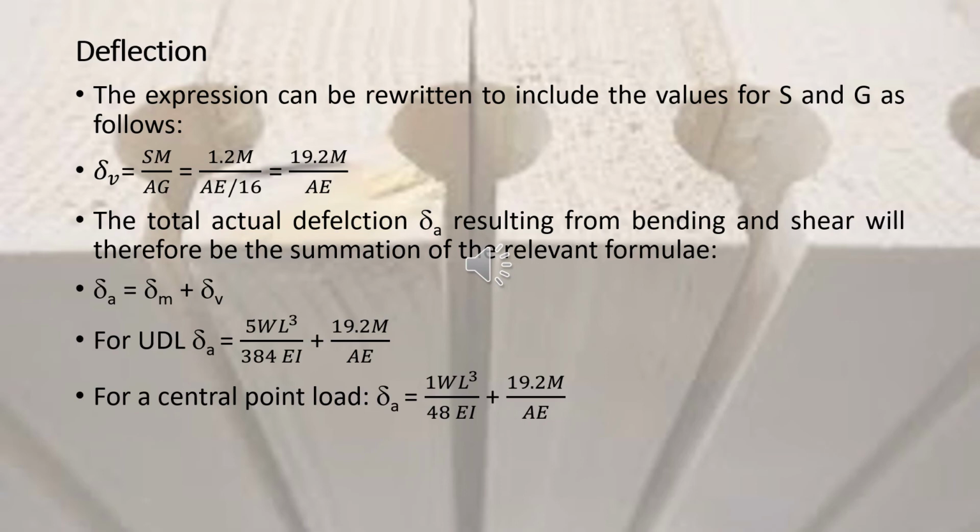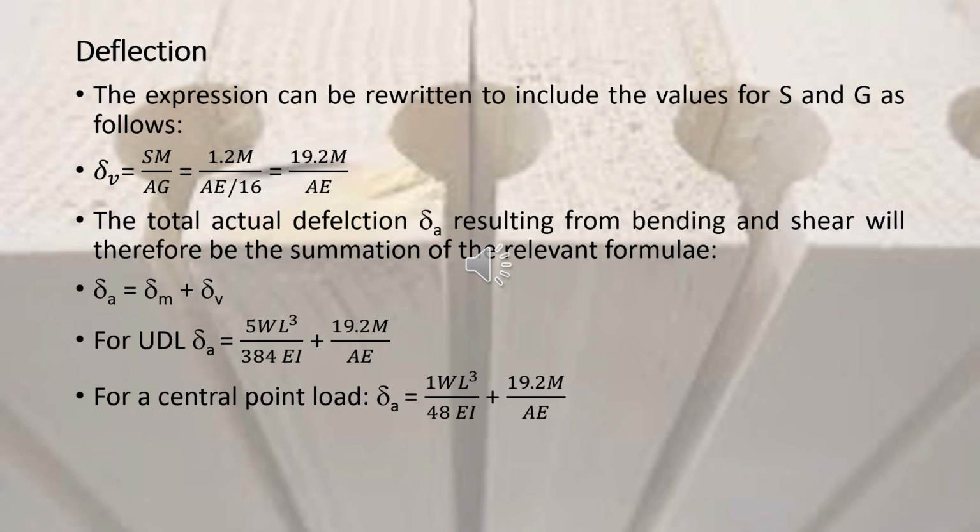forces. So the total actual deflection resulting from bending and shear will therefore be the summation of the following relevant formulae. So the actual deflection is the sum of the bending deflection and the shear deflection. Now, again, we have to consider two possibilities. One, if we have a UDL, then the actual deflection is going to be equal to 5WL cubed over 384EI plus 19.2M over AE.